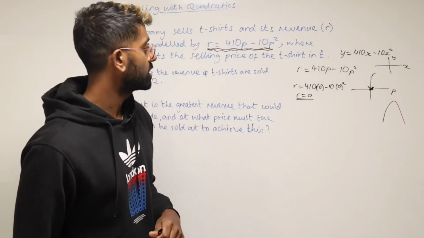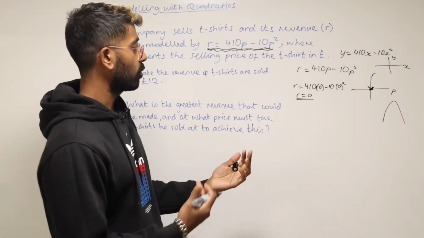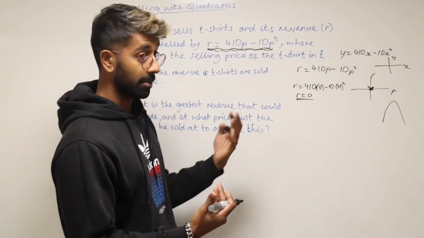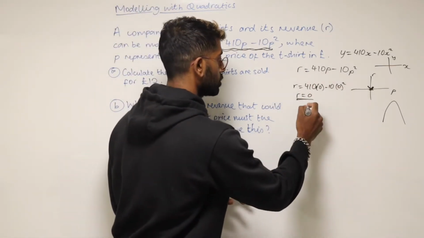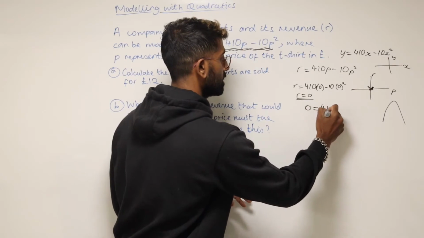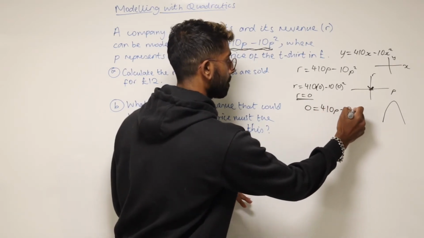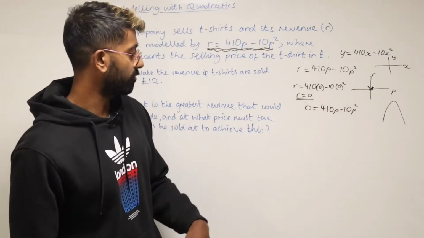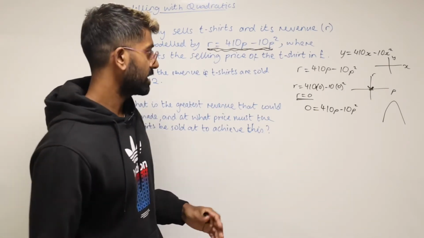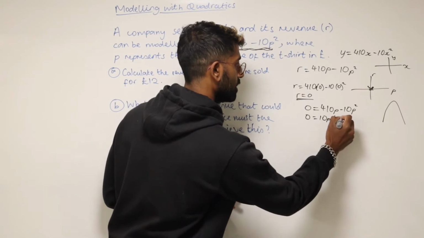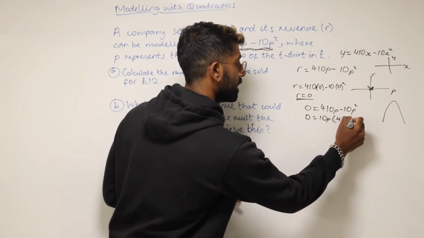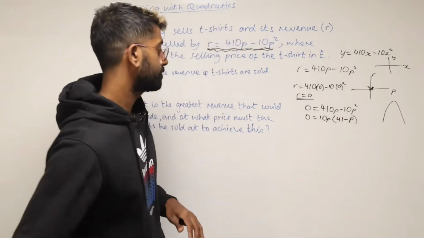Now the next piece of info we need is, where are the roots? Where does it cross the p-axis? To find that, we set the whole thing equal to 0 and solve it for p. Best way, I think, is just to factorize it. We can take 10p out of there, and we'll have 41 minus p left over.